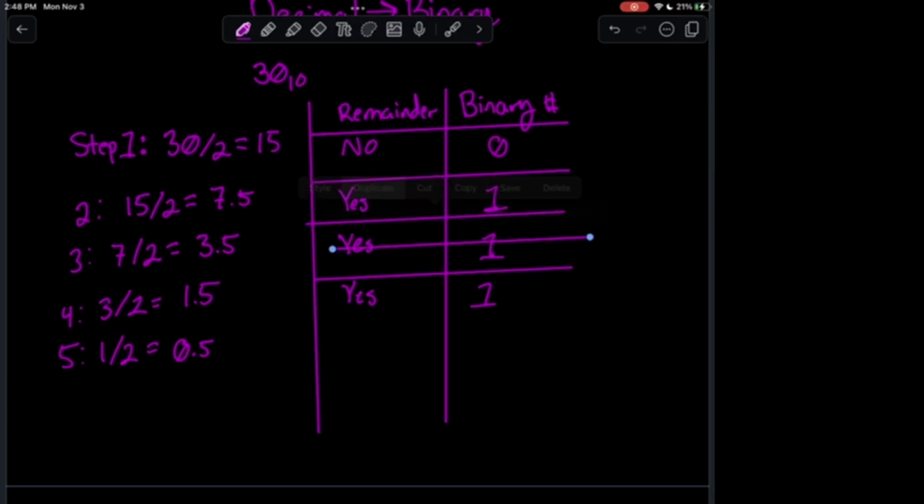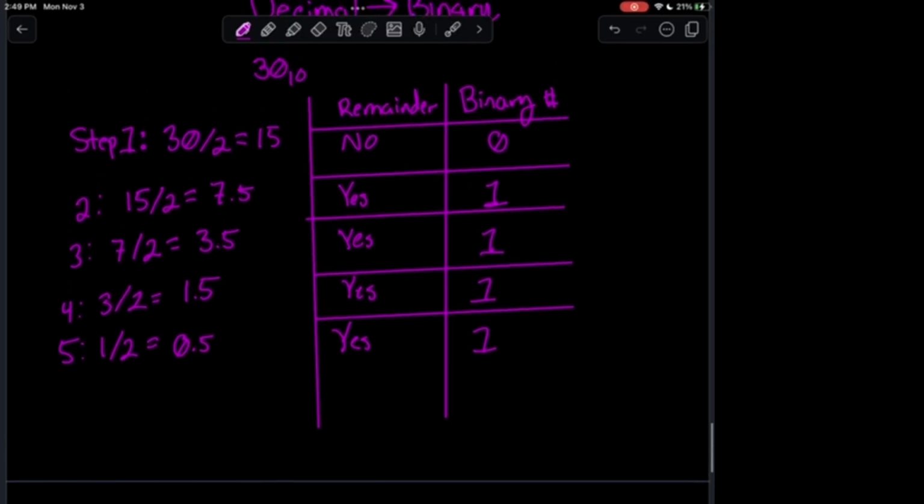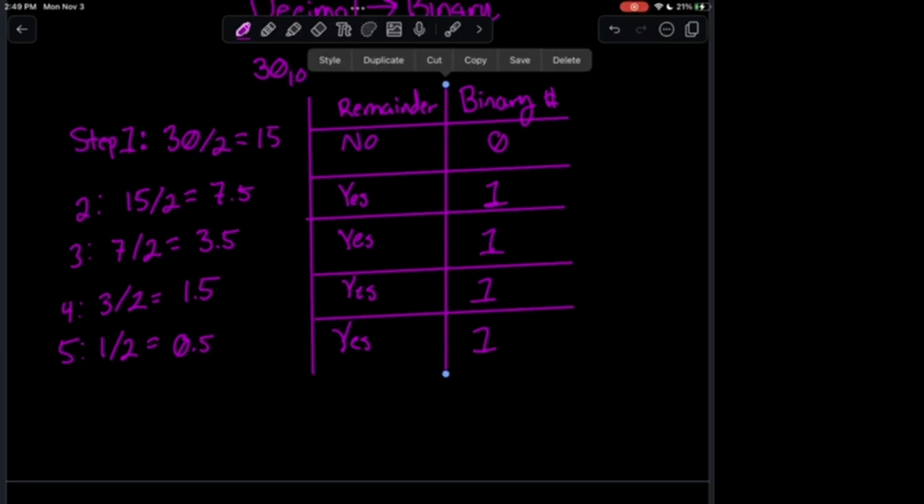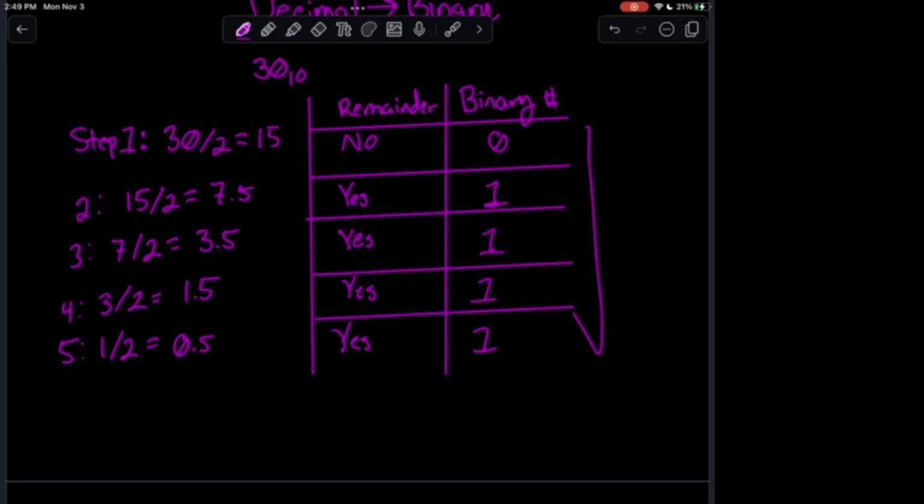So yes, we get another 1. So that gives us our binary number. We're reading this from top to bottom. So the first one we place is our 0, 1, 1, 1, 1. So the decimal number 30 equals this in binary.